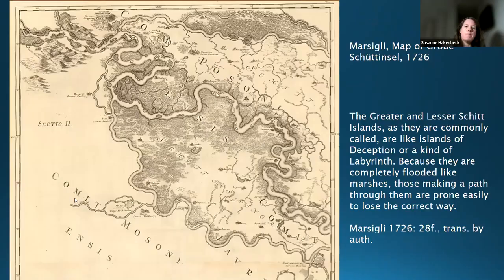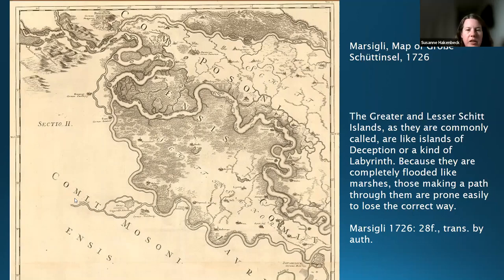But we still have a glimpse of what life was like in this area from a description of an Italian traveler who traveled along the entire length of the Danube in the early 18th century. And from him, we have a whole range of really interesting descriptions and a travel log. Here, he describes this area as follows.